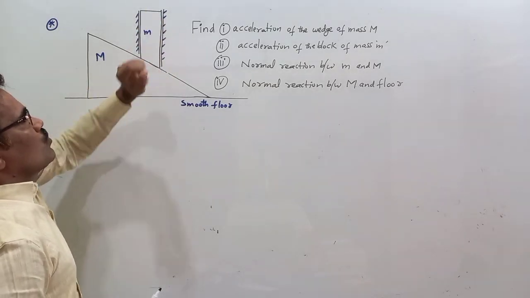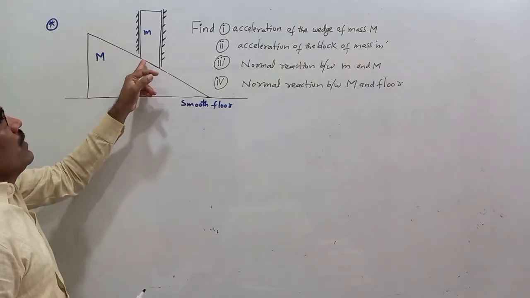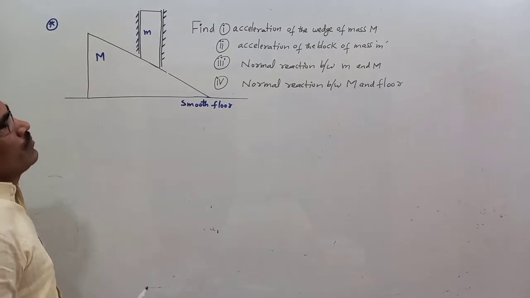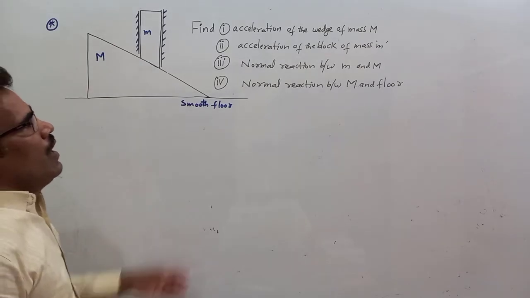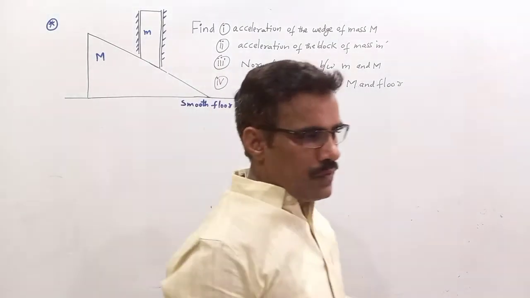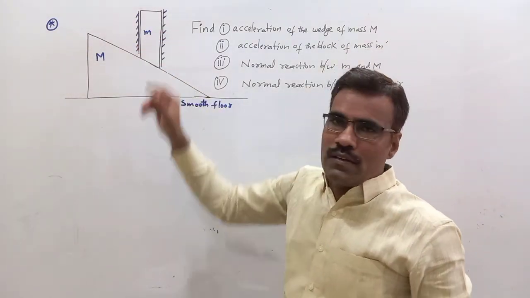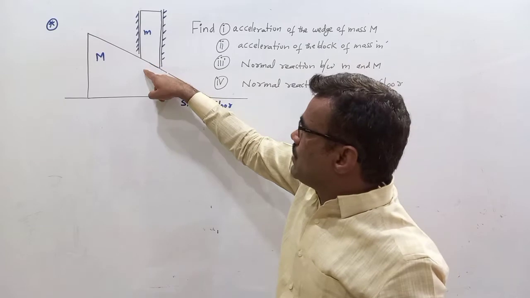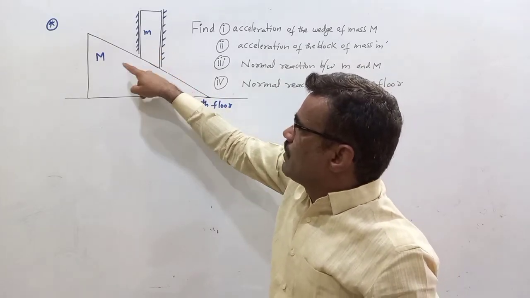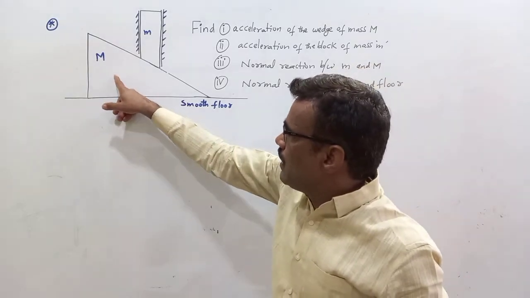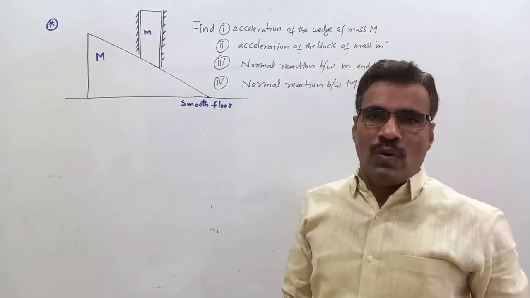Here this support is also smooth, this surface is also smooth, the contact surface is also smooth. What do you want, sir? The acceleration of the wedge, the acceleration of this block, the normal reaction between capital M and small m, and the normal reaction between capital M and the floor.